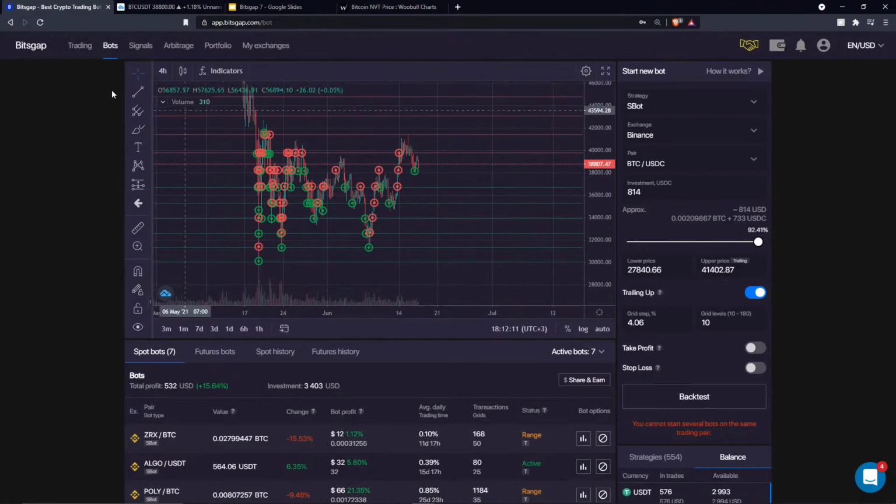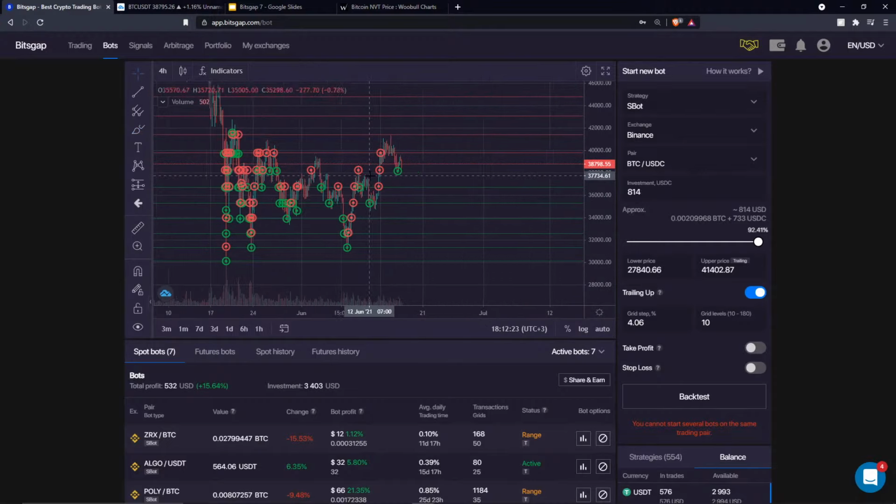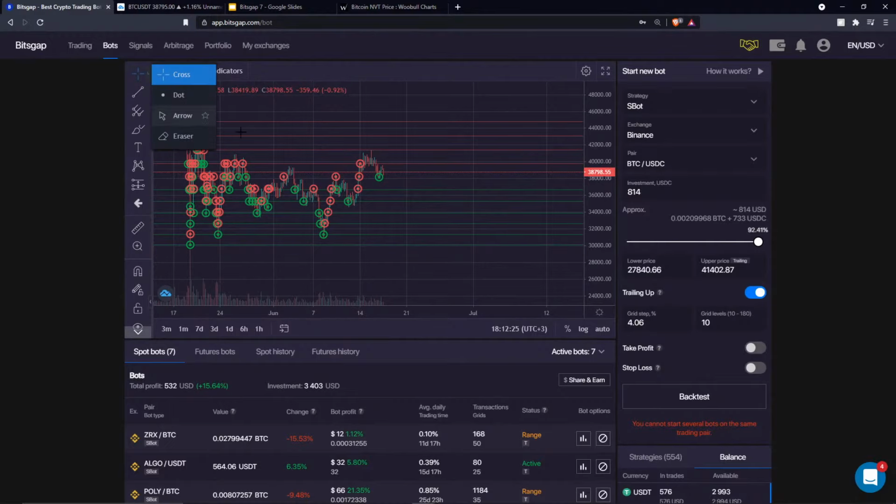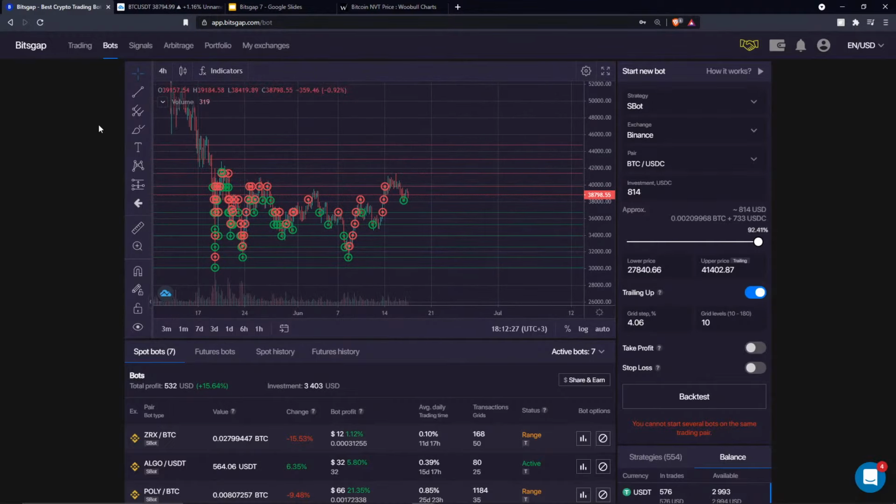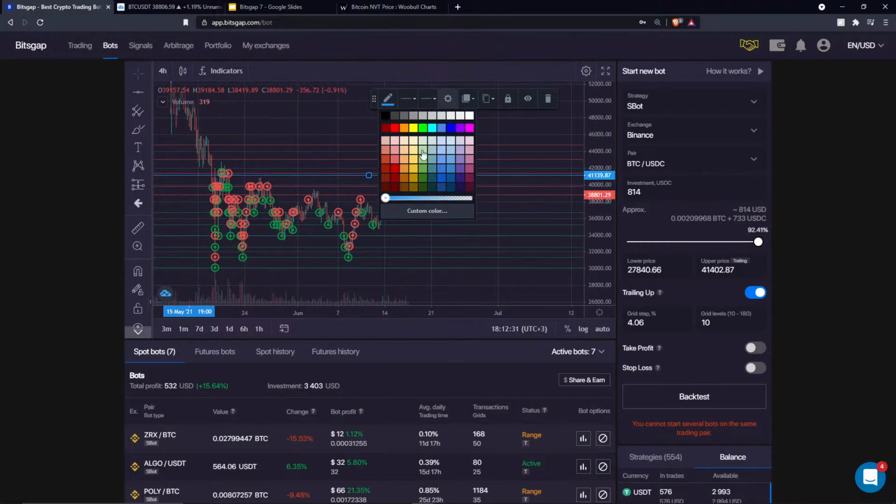I mean, there was an attempt in Bitcoin to breach 40k, but it failed. It was rejected here. So right now we are trading again in the zone of 38k. As soon as you see the price breaching this area, and right now we can perfectly spot it, around this zone, let's make it wider like this.